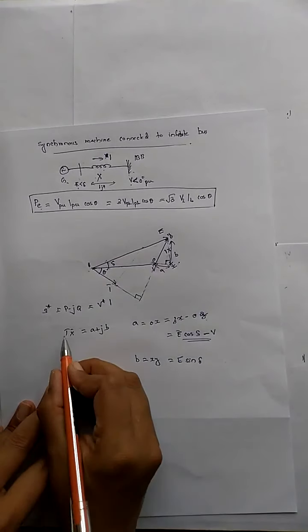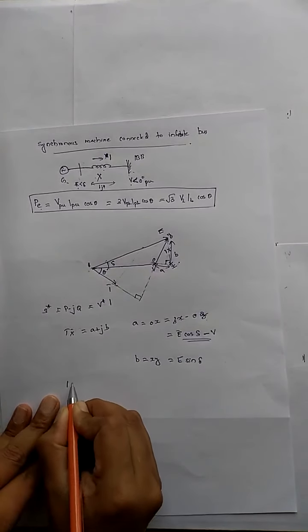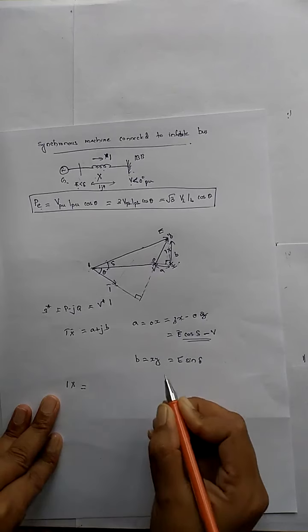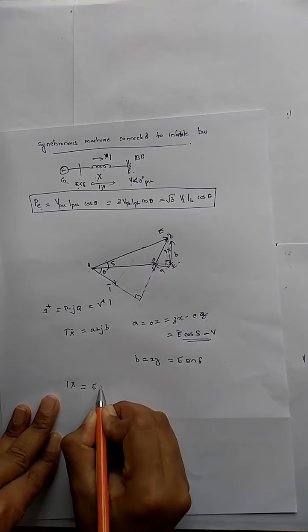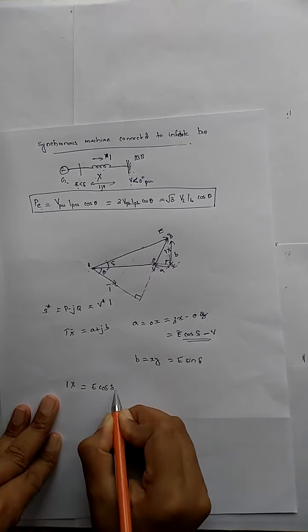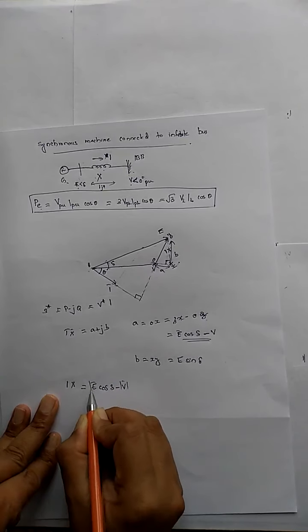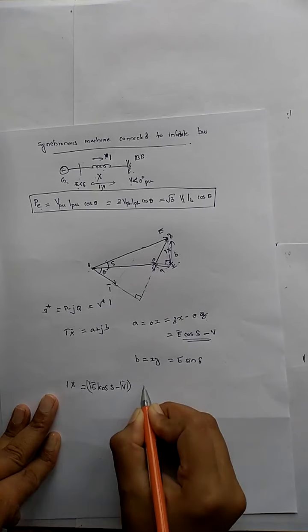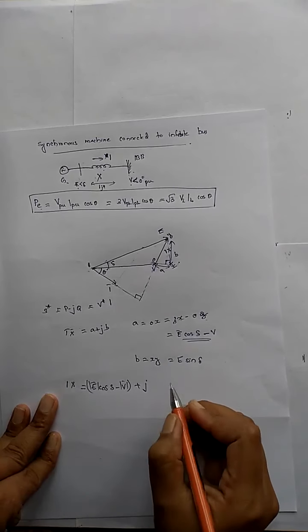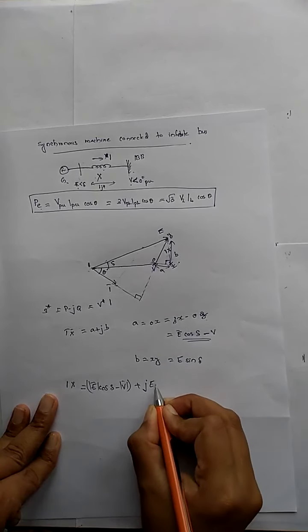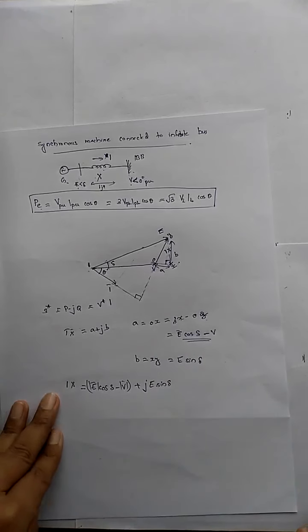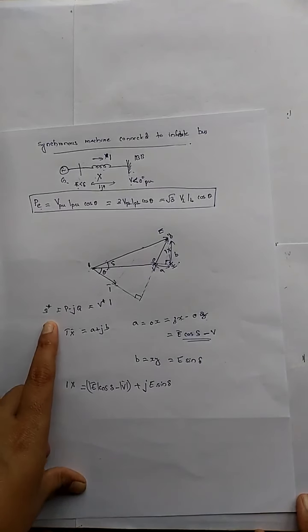So if I am writing in this form, then I can write I into X is equal to E cos delta minus V. All these are magnitude. Plus J into, there is a reason I am keeping it as J, because I have started from writing my apparent power.